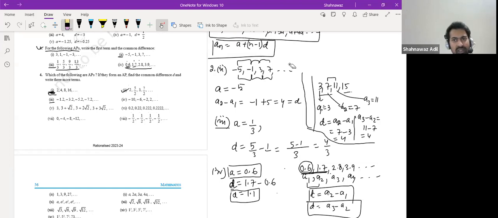Did you guys understand about this AP? Do you have any doubt in AP? No, sir. So Rizwan, tell Talha not to take extra pressure, because he is taking a lot of pressure right now. I can feel it.